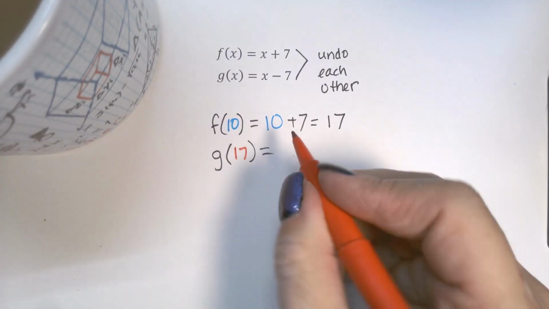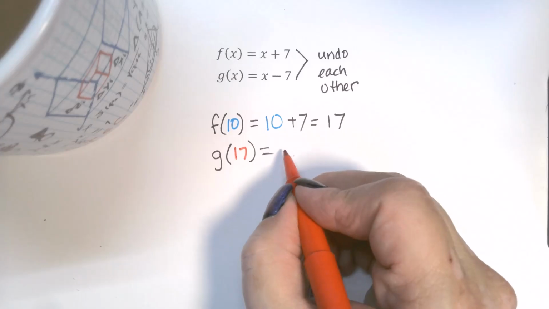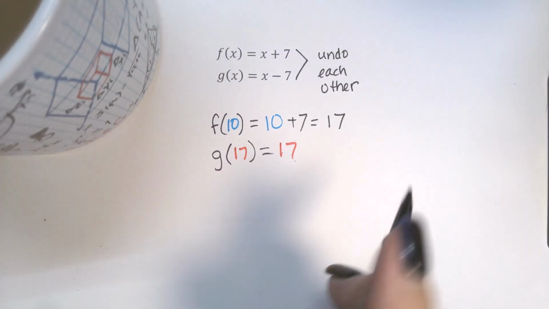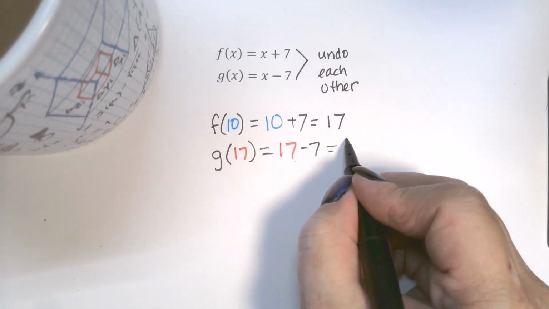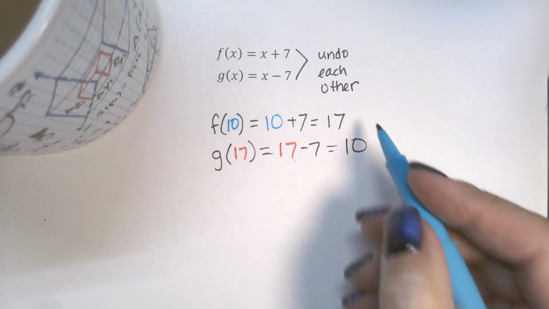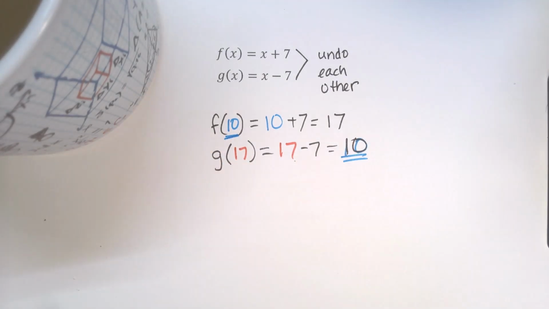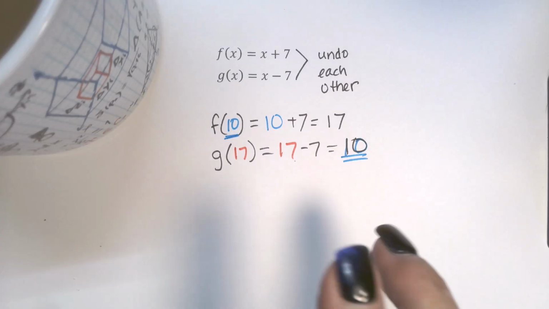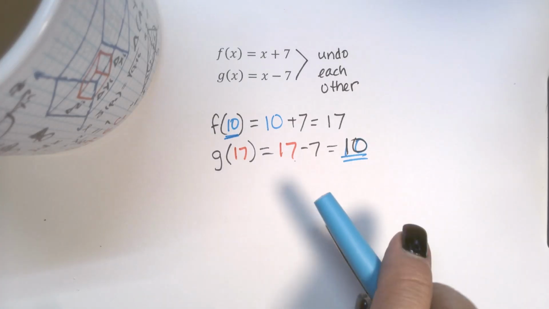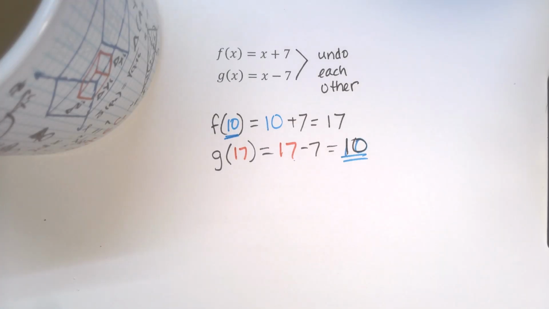It's x minus 7, so it would be 17 minus 7, and you end up with 10 back. Well, this 10 is what you started with. If that happens, these two functions undo each other, and they are inverse functions.